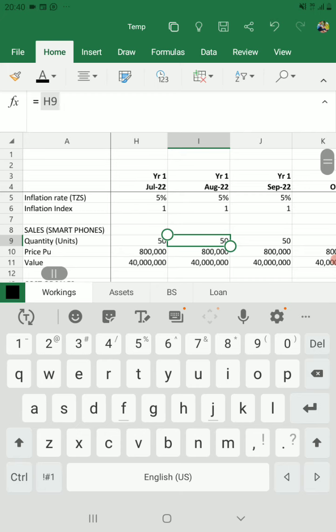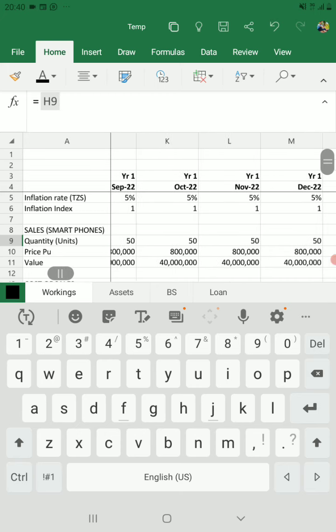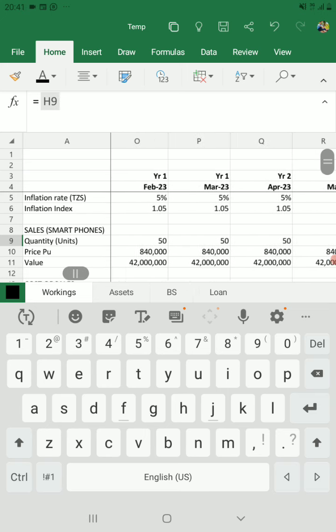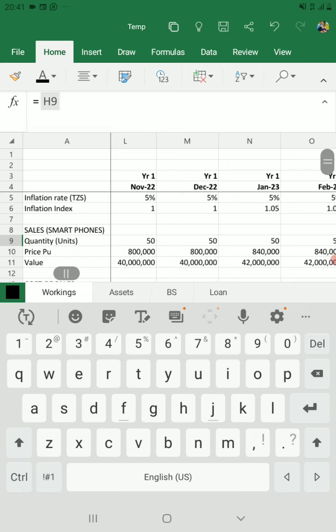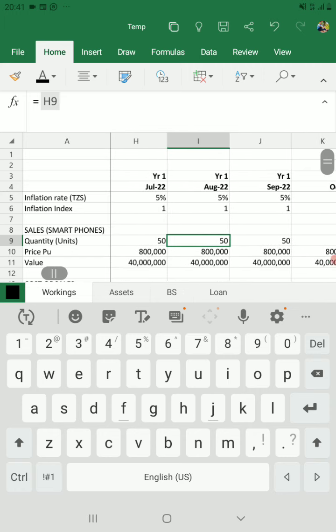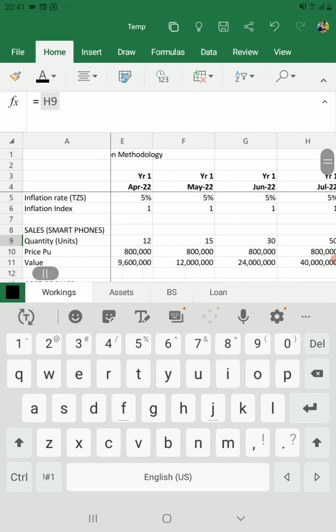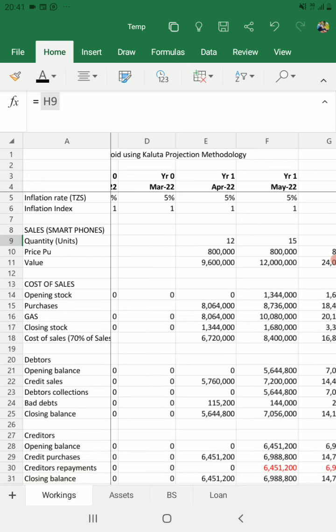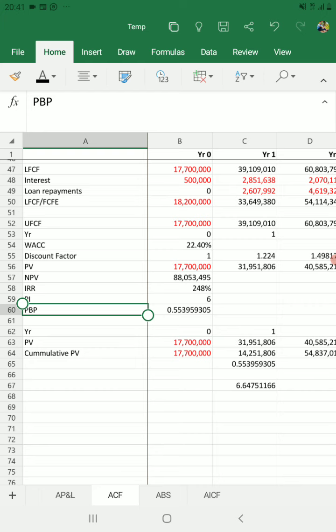So throughout the projection period, the quantity is now going to be 50. Okay, so after doing that adjustment of our expected sales, let us now see what our business valuation metrics are in this annual cash flow sheet.